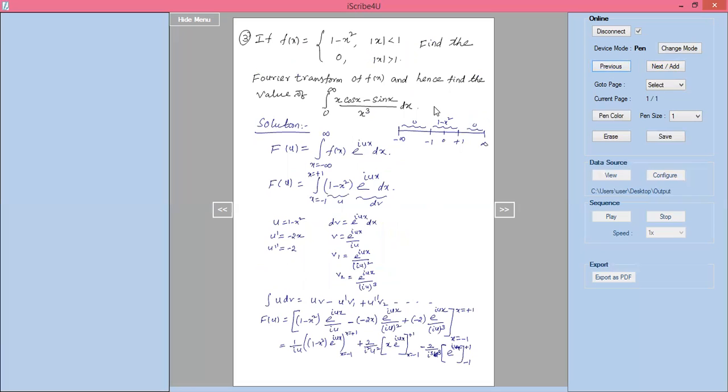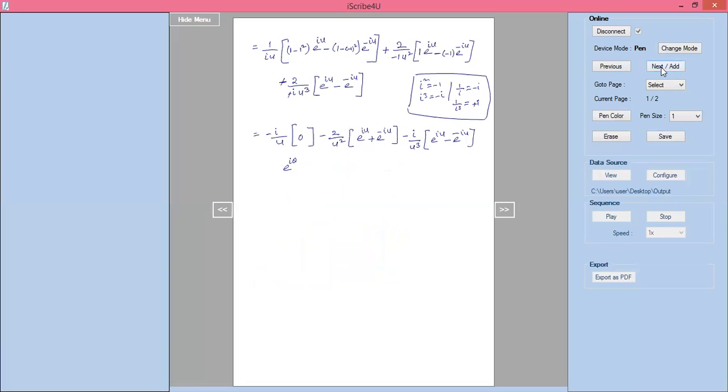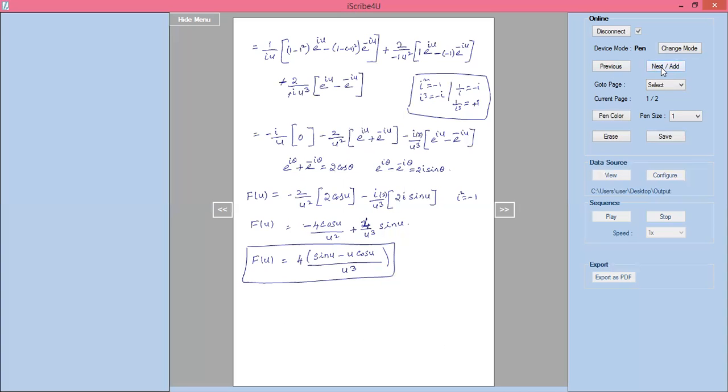To evaluate the integration from minus infinity to plus infinity of x into cos x minus sin x divided by x cube into dx, what we will do here, we have to see.